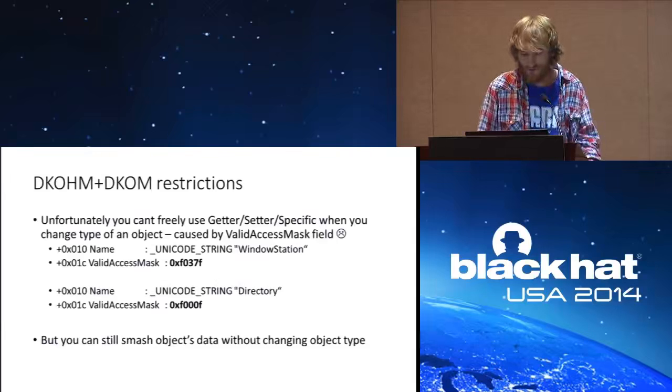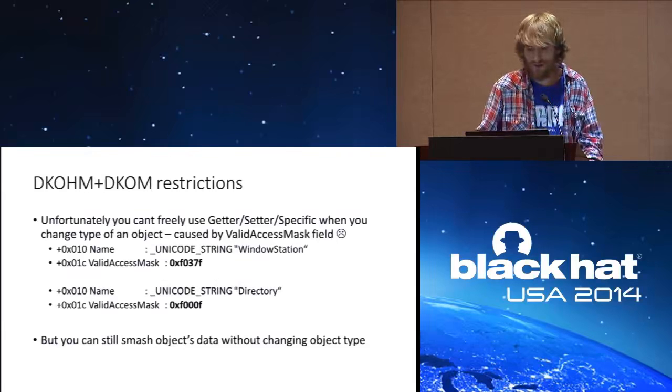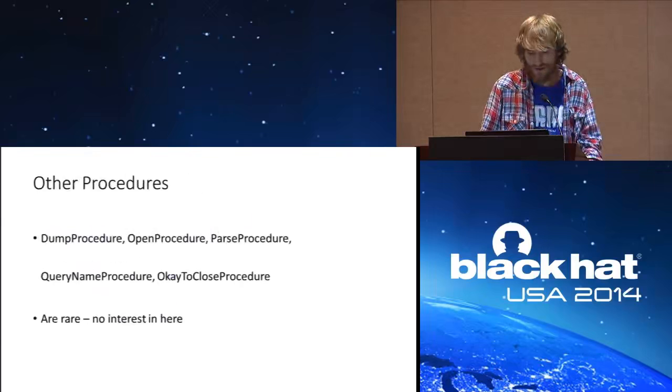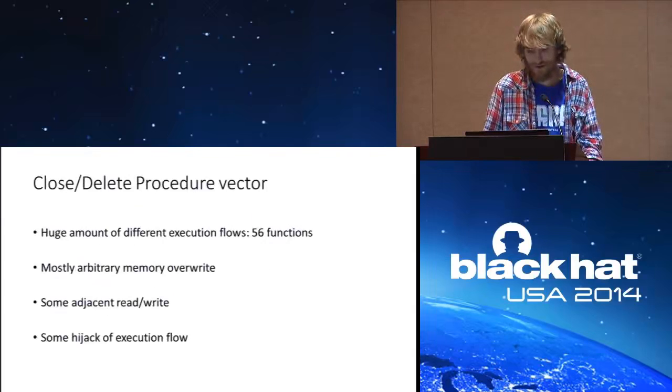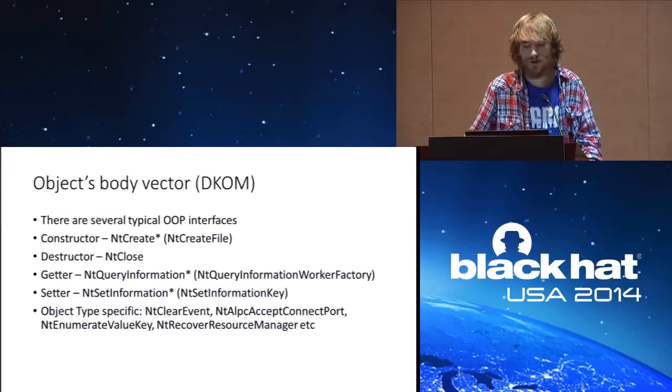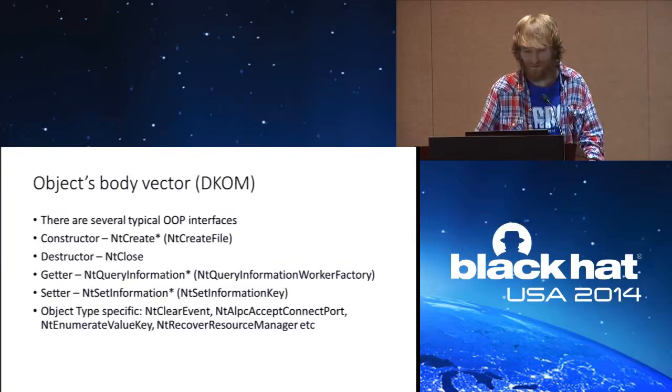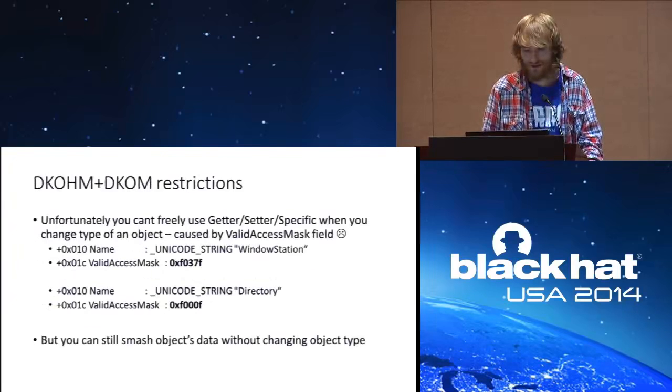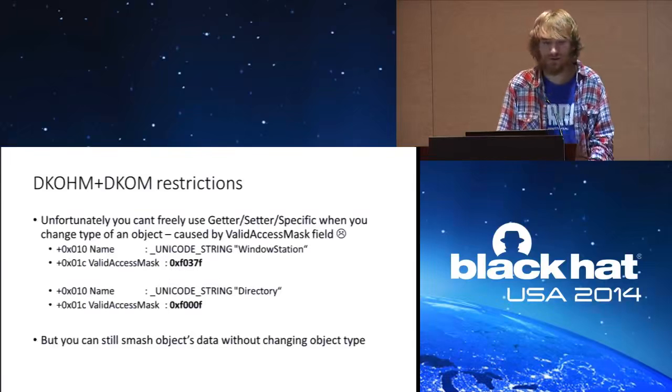But the thing is, when you use procedures, there is no such check. So with procedures, like with this vector, with close, delete, secure, you can change the object type from A to B without any restrictions. But unfortunately, using getter and setter has a limitation.